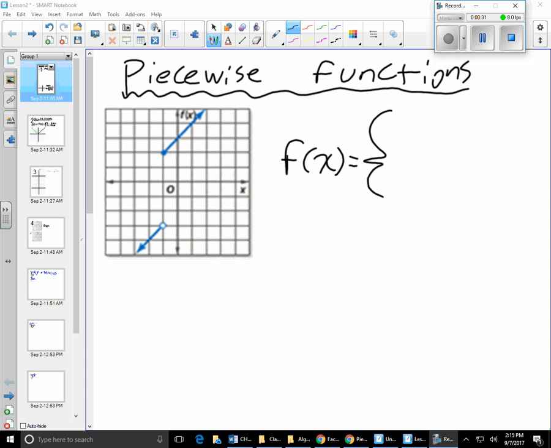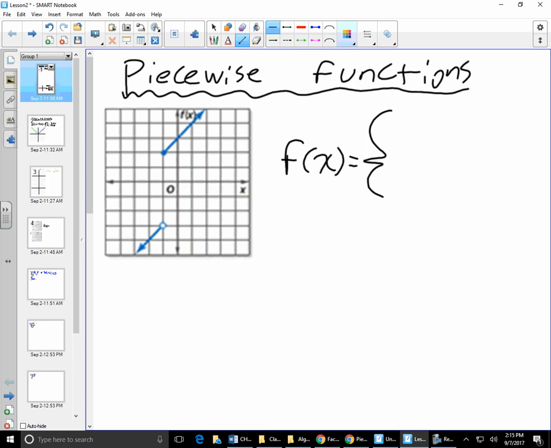Here we go. So, piecewise functions, let's start with 2 lines. If these were, in fact, 2 lines, then you would have something like this and something like this, correct? We would look at these lines, and you could do either point-slope form or slope-intercept form.